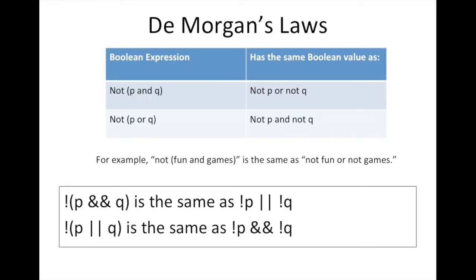According to De Morgan's laws, not (P and Q) has the same Boolean value as not P or not Q. Not (P or Q) has the same Boolean value as not P and not Q. For example, not (fun and games) is the same as not fun or not games.